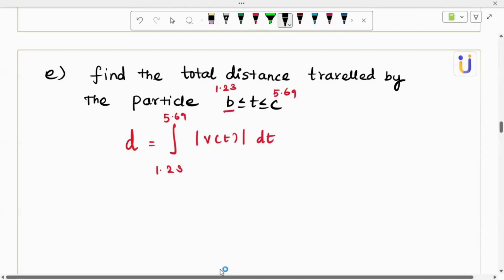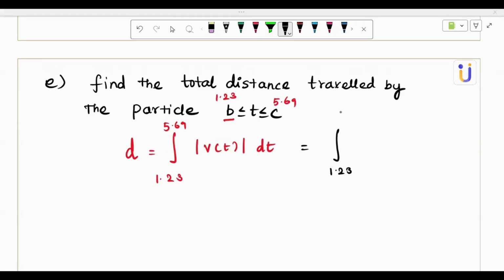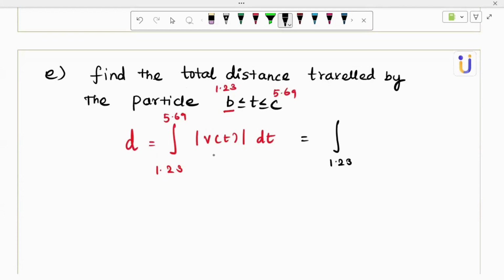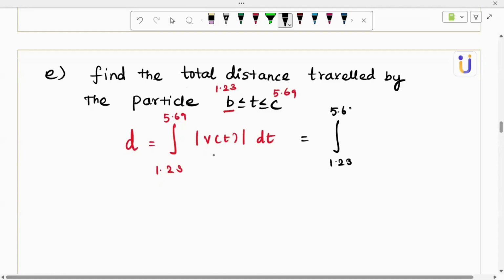So what happens with the modulus function? In the integral from 1.23 to 5.69, it will break into two parts, negative and positive.